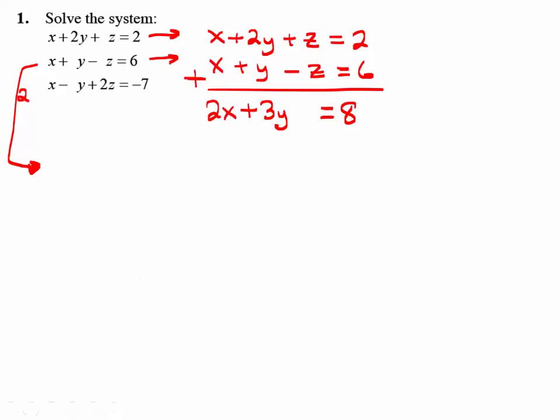So multiply the middle equation by 2, which makes a negative 2z here. That'll be the exact opposite of this positive 2z in the third equation here. So 2x plus 2y minus 2z is equal to 12. Everybody good there?